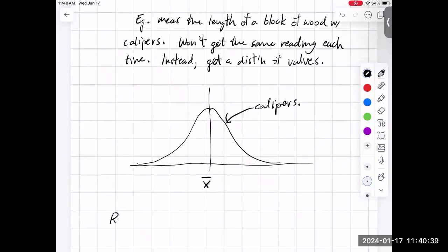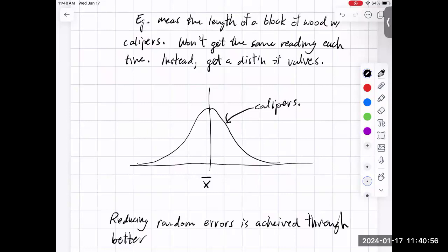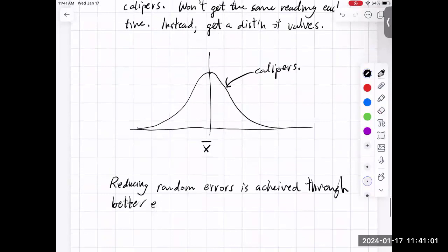So reducing random errors is achieved through better experimental design, or improved equipment.